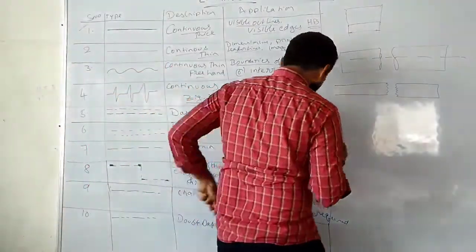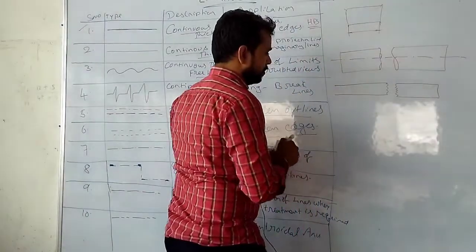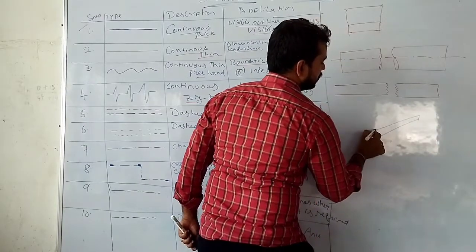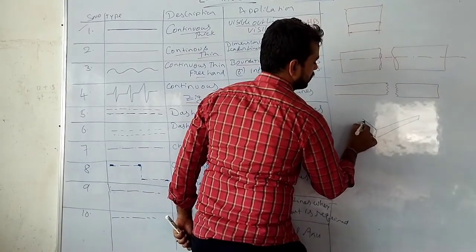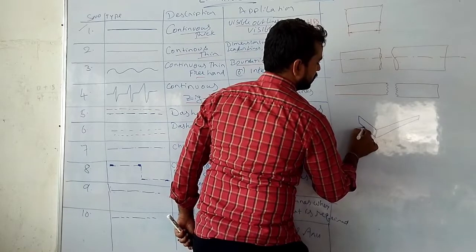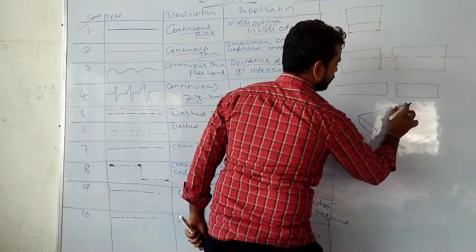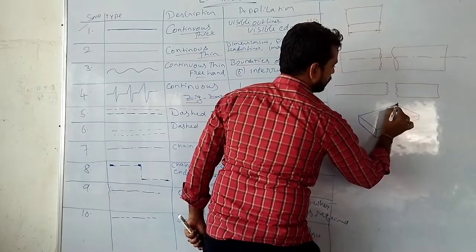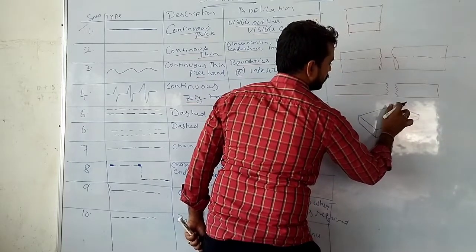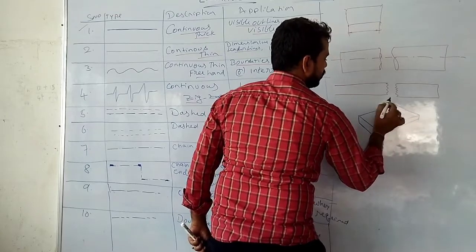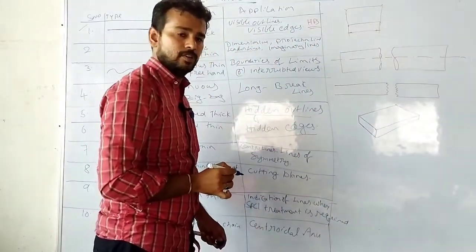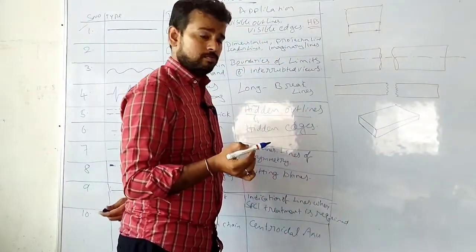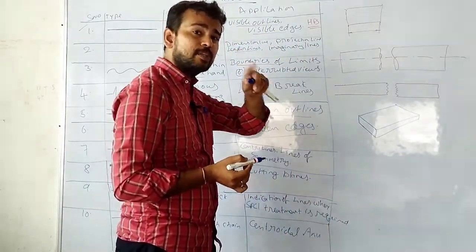Suppose there is a three-dimensional book. You are able to watch this, this, and this. But the book actually has 6 sides.